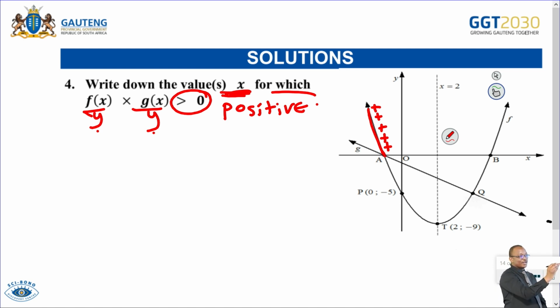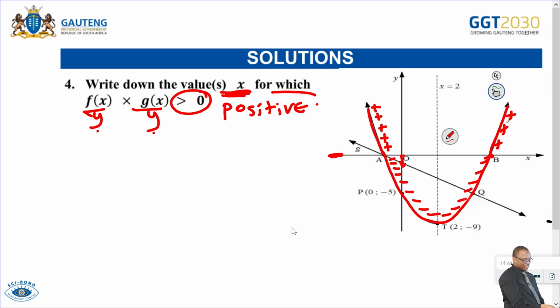Now, when it goes down, it will have negative values of y up until b, because below the line of x going down is negatives. So starting here going upward is going to be positive values.